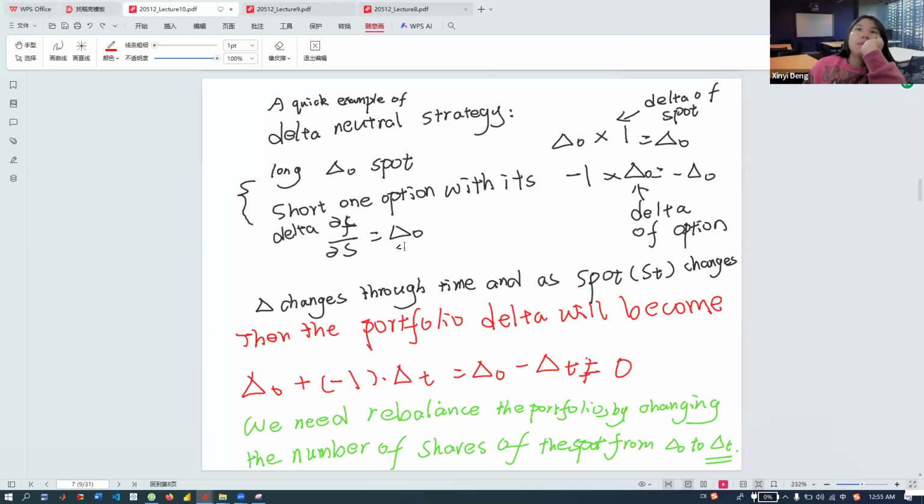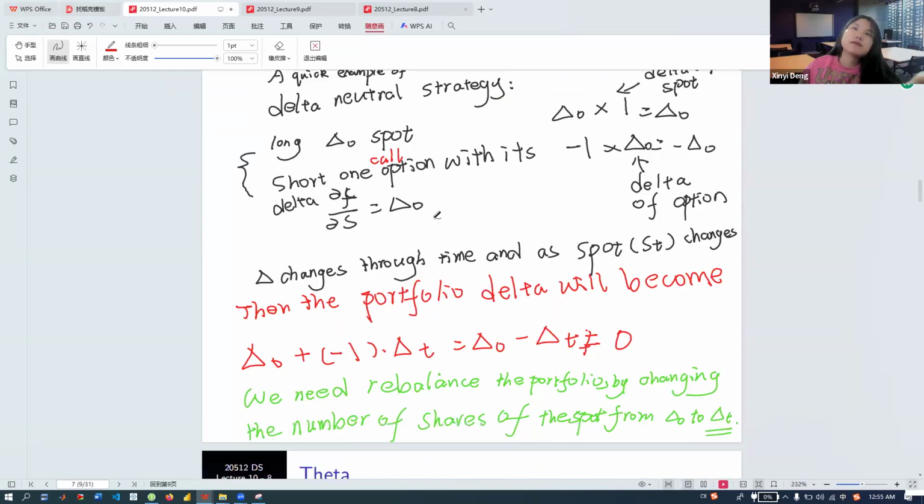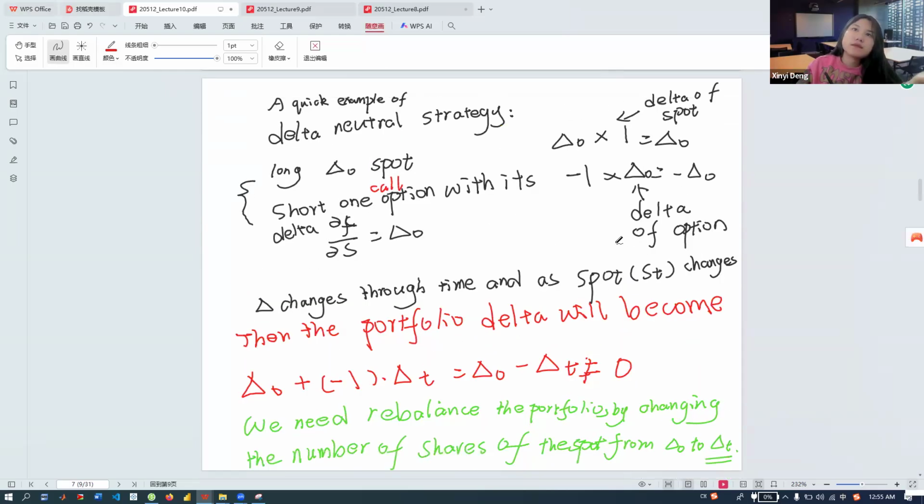Here we are shorting one call option. Let me just write it here. On the one hand, we are shorting one call option, so the unit of the call is one.